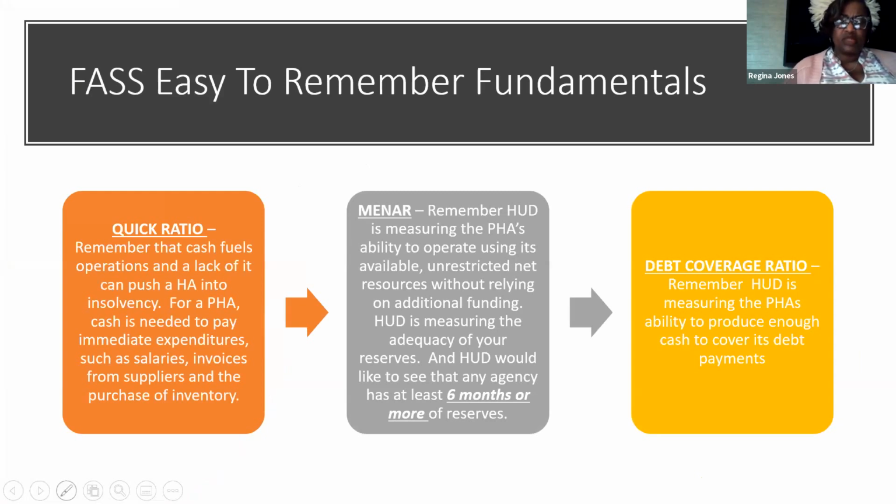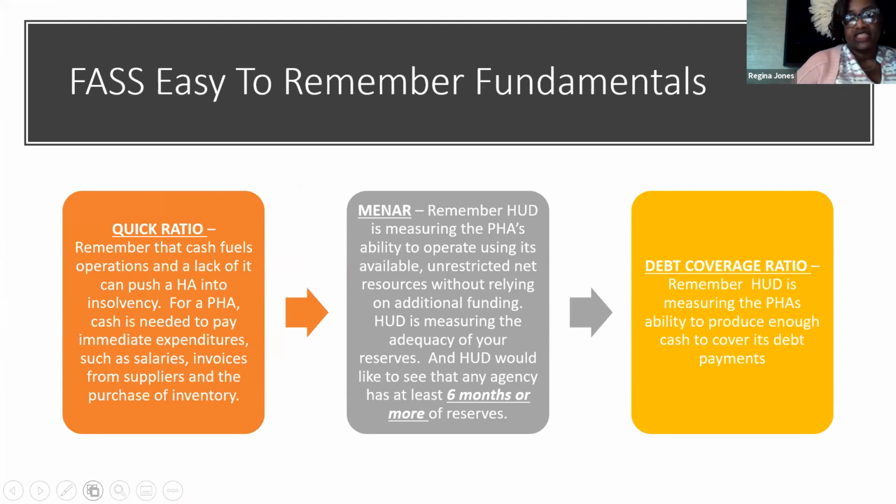I thought of something pretty quick and easy to remember for PHAS. I call them the PHAS fundamentals. Remember quick ratio, remember that cash fuels operations, and the lack of it can definitely push a housing authority into insolvency. And that's what we don't want.